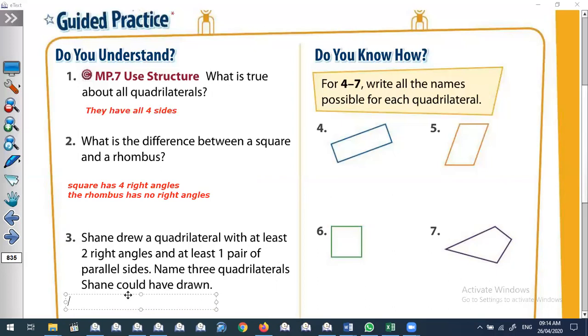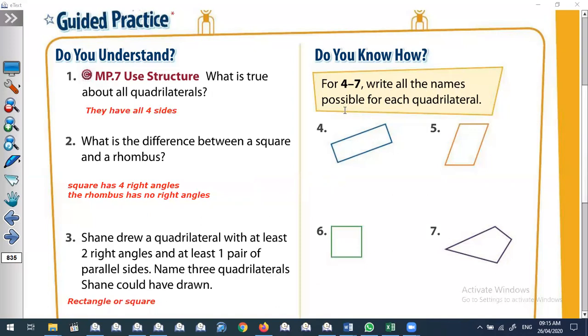If you have right angles, it will be rectangle or square.